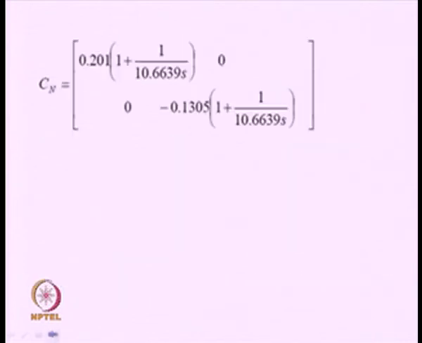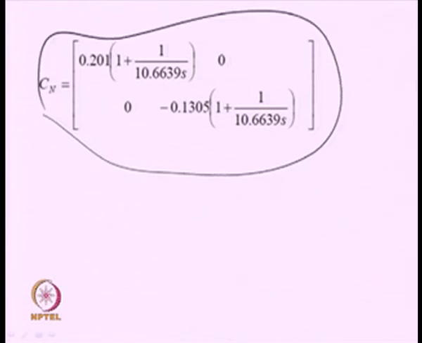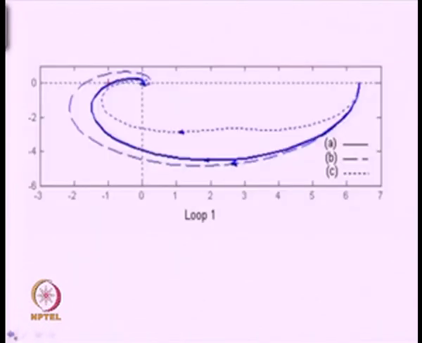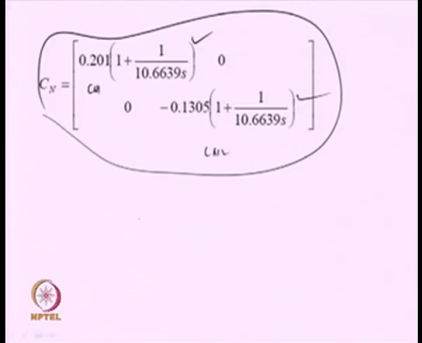Now, using the initial controller Cn of this form, the two PI controllers Cn1 and Cn2 of this form, I obtain the Q1 and Q2.